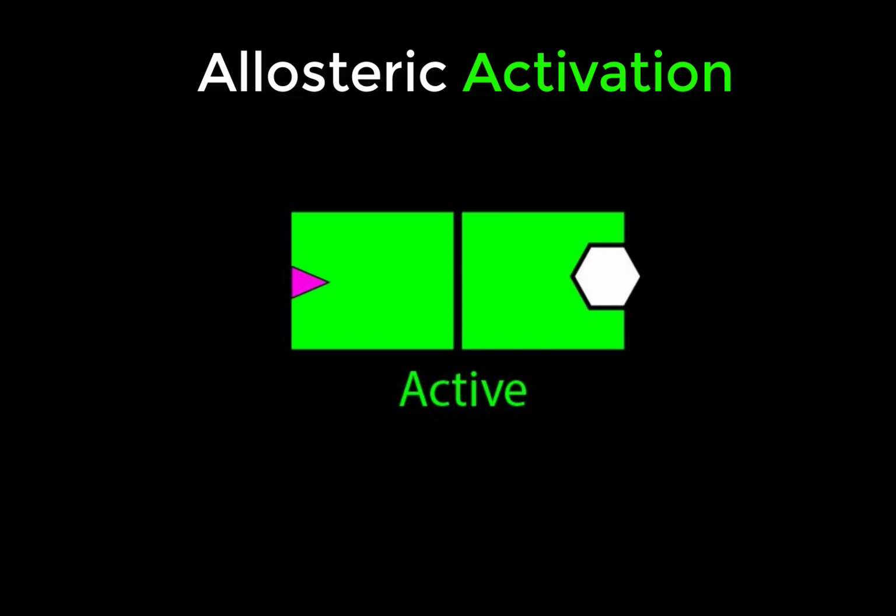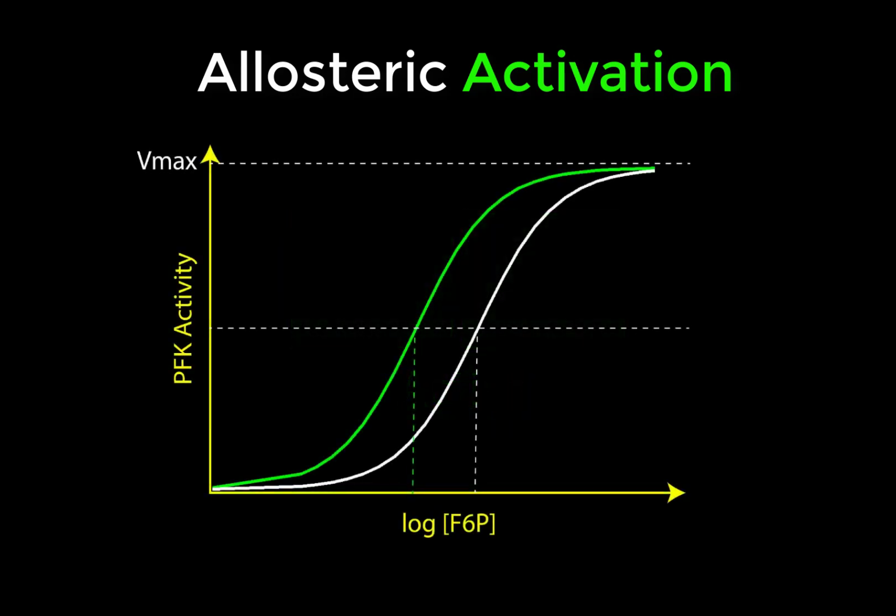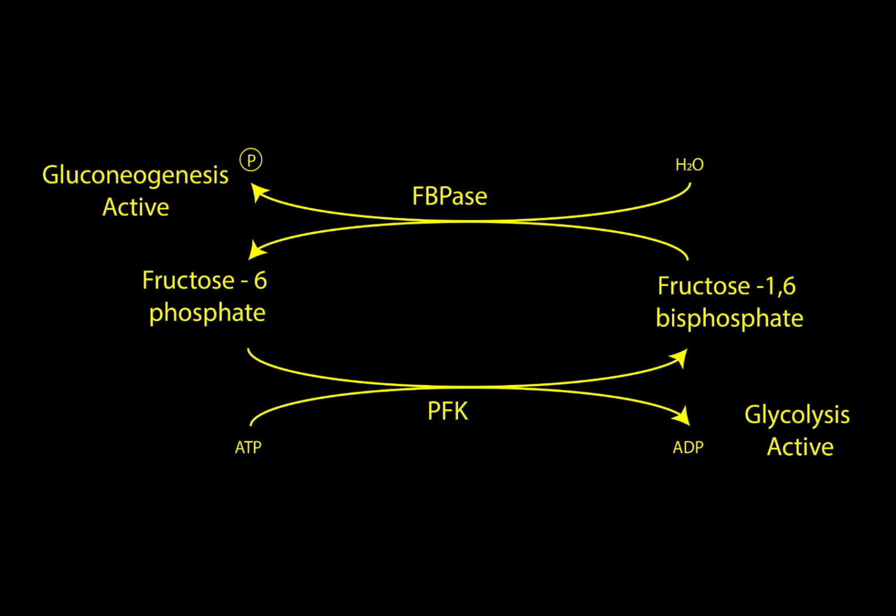So if we compare Michaelis-Menten curves, in this case, we actually see an increase in the activity of the enzyme. So we have a lower Km because the enzyme is binding to the substrate more tightly when the allosteric molecule is added. So let's go ahead and see how these ideas apply to our energy metabolism pathways.